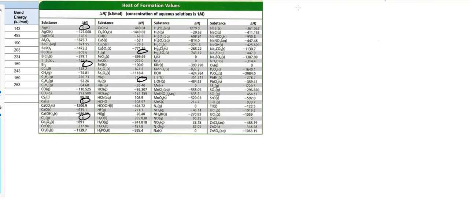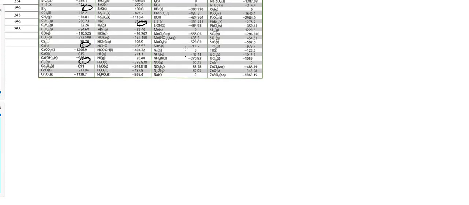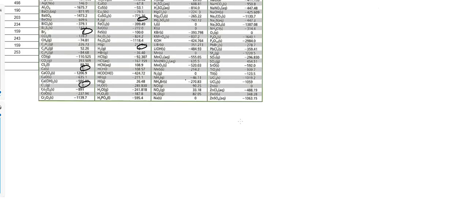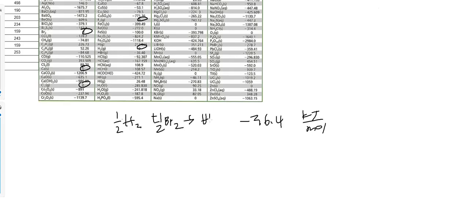And that is because delta H naught of formation for a pure element is always going to be equal to 0. So, we can actually take our HBr value, negative 36.4, and subtract, well, nothing, since the reaction equation is 1/2 H2 plus 1/2 Br2 turns into HBr. And this then is the enthalpy of formation.